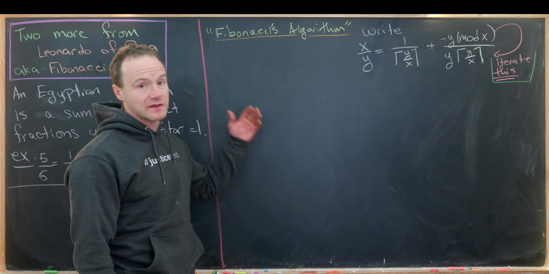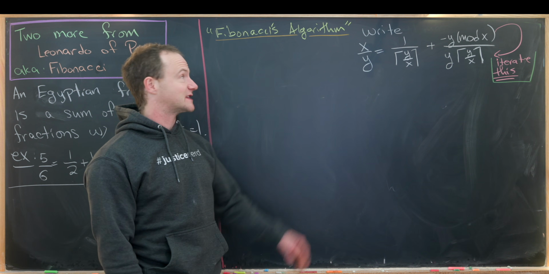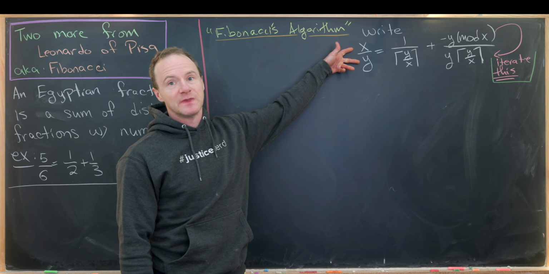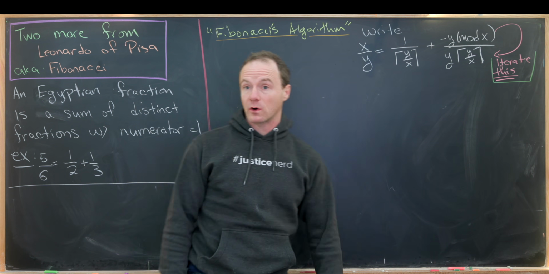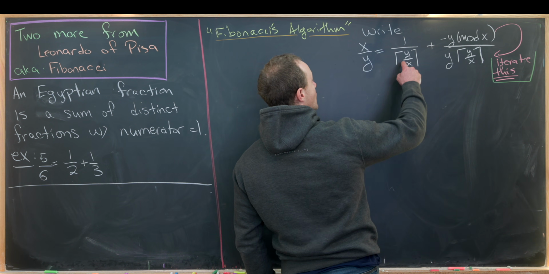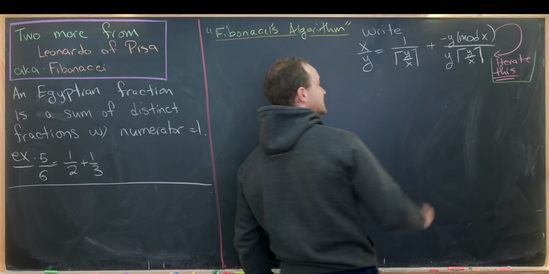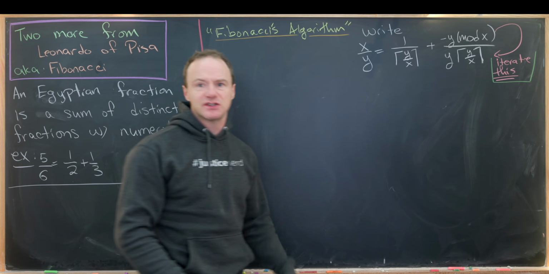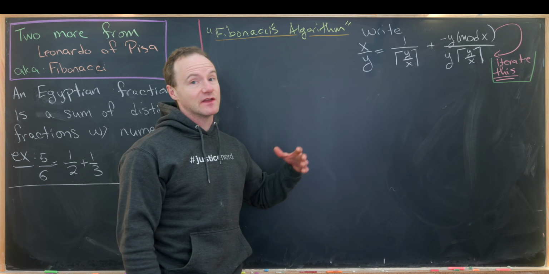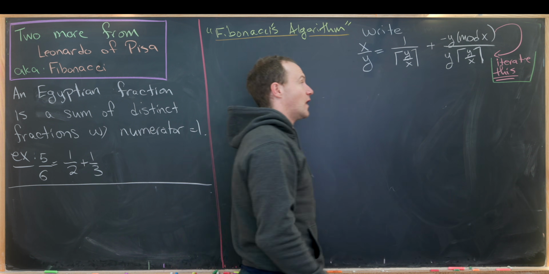Okay, so the algorithm that Fibonacci came up with, which I think is sometimes called Fibonacci's algorithm, goes as follows. If we want to take the fraction x over y and rewrite it in its Egyptian form, we would write 1 over the ceiling of y over x, plus negative y mod x, that's the reduction of negative y modulo x, taking the positive residue, over y times the ceiling of y over x.